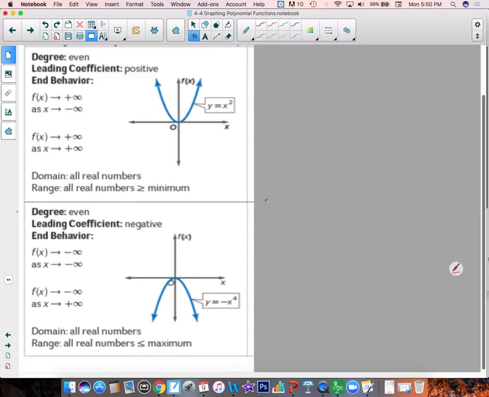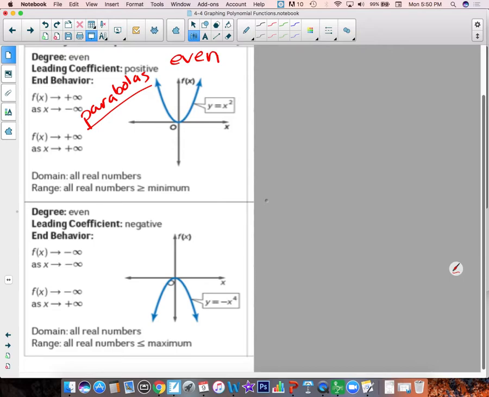These are parabolas. If the end behavior both goes in the same direction, then it's going to be an even function. We're just classifying functions as odds or evens.